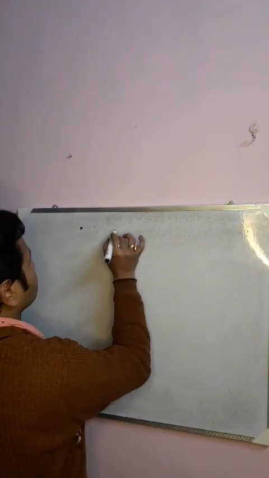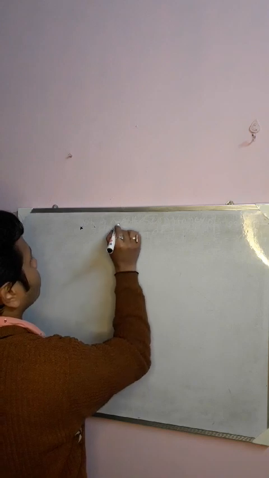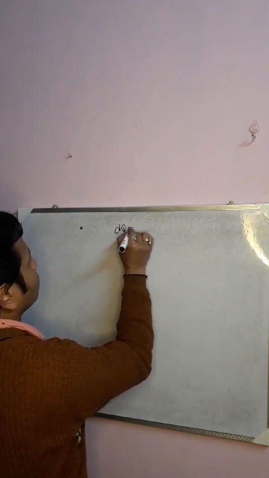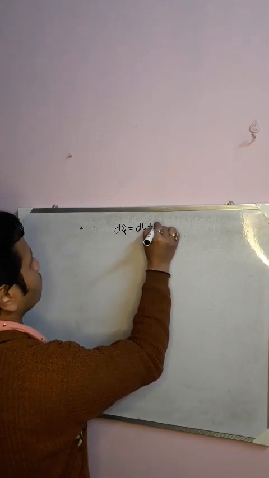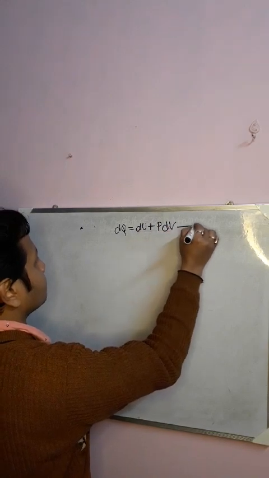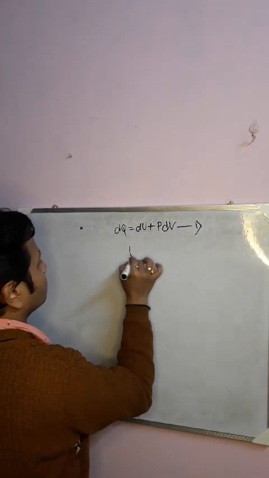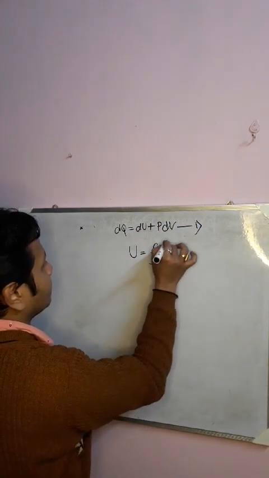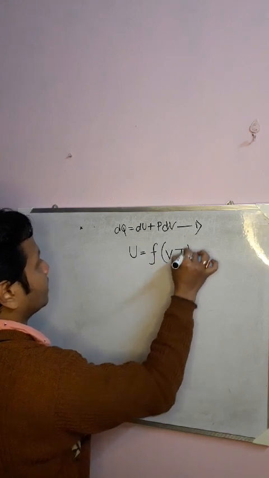So what can we write from the first law? We can write from the first law this. This is the first law of thermodynamics. Now let us take U as a function of volume and temperature.